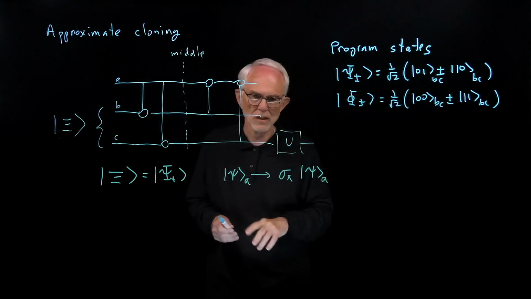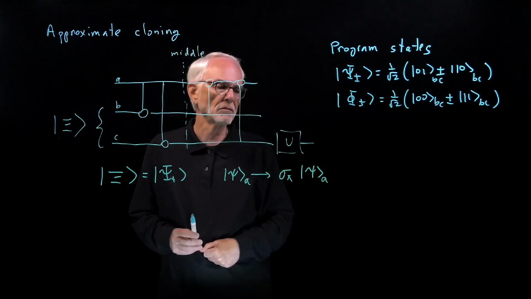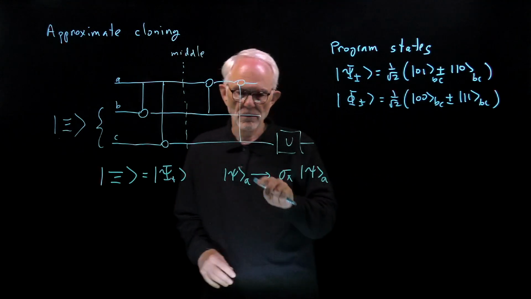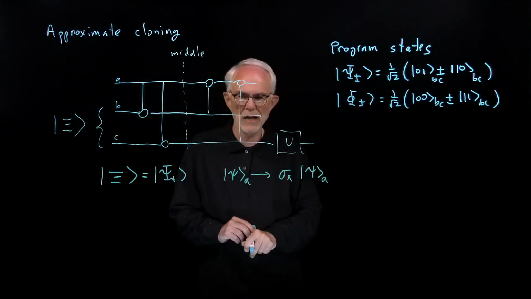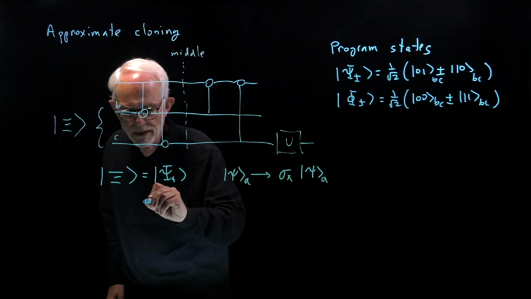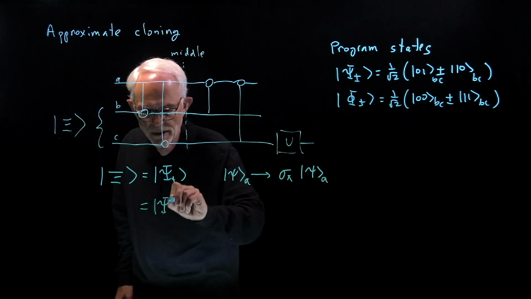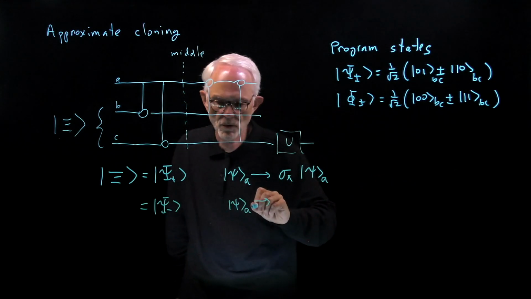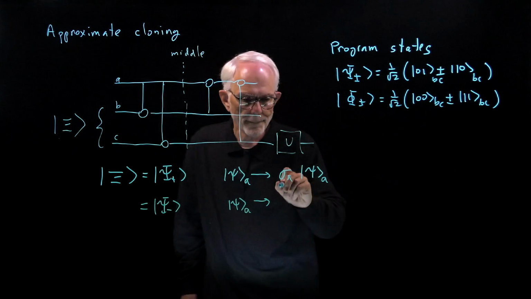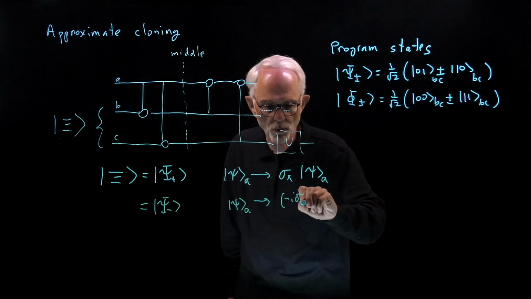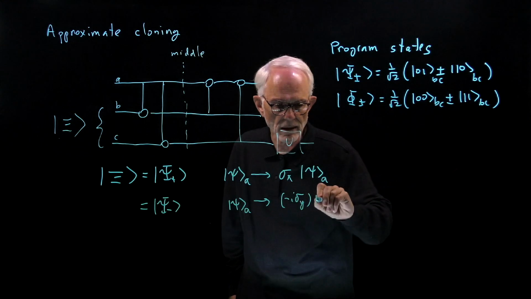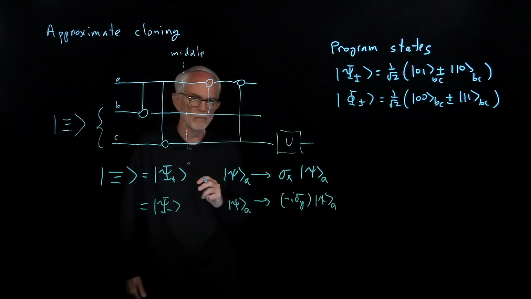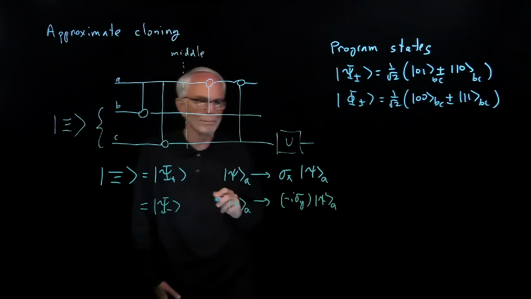So essentially it flips the 0 and the 1 in the psi state. So you put this in and it performs a particular operation on psi. If I make it psi minus, then what happens? Then the psi A goes to minus I times sigma y acting on psi A. So that's a different unitary operation acting on psi.